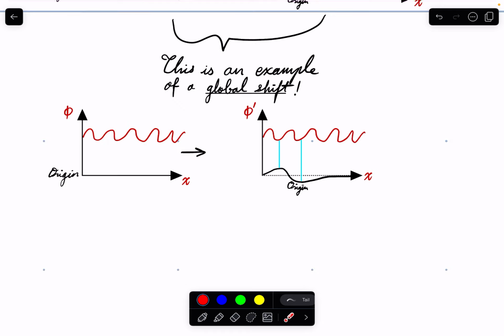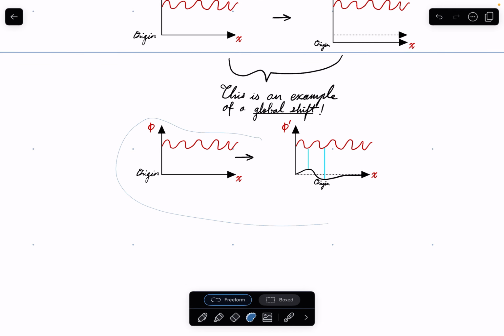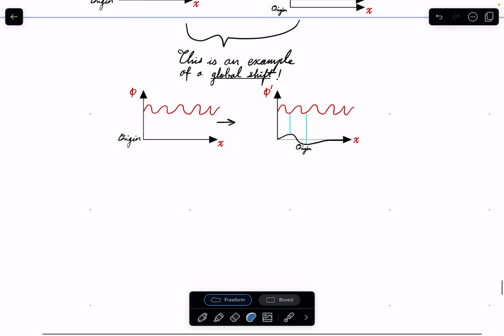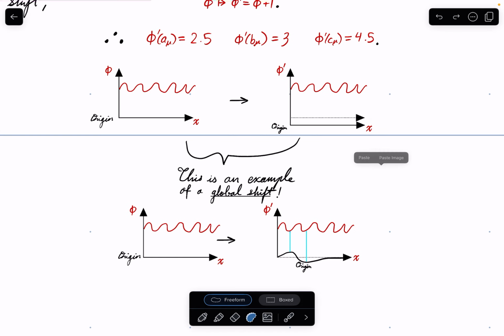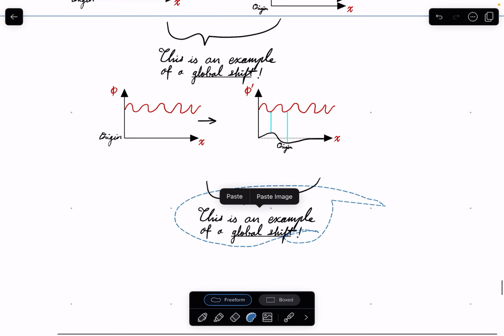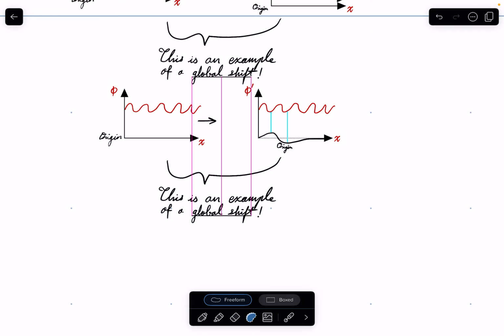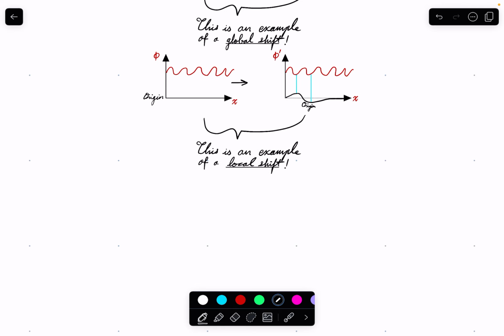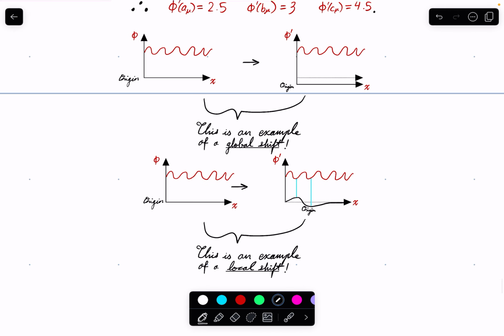So this is an example of a local shift. So there, at each point x, there are local coordinates that are different from each other. Global, local.